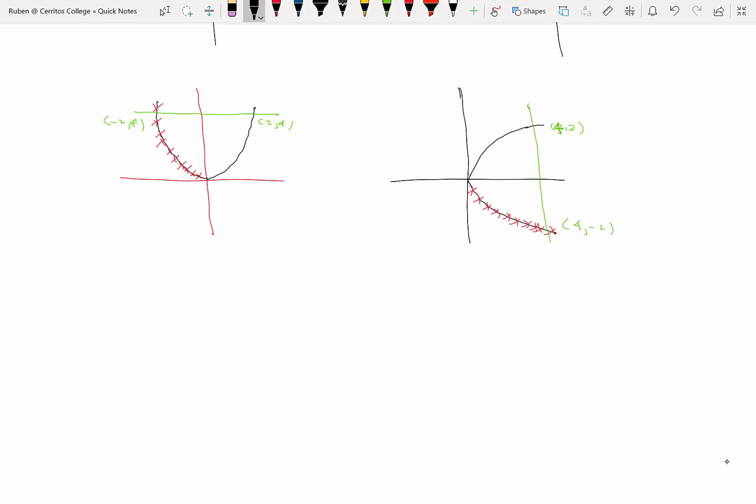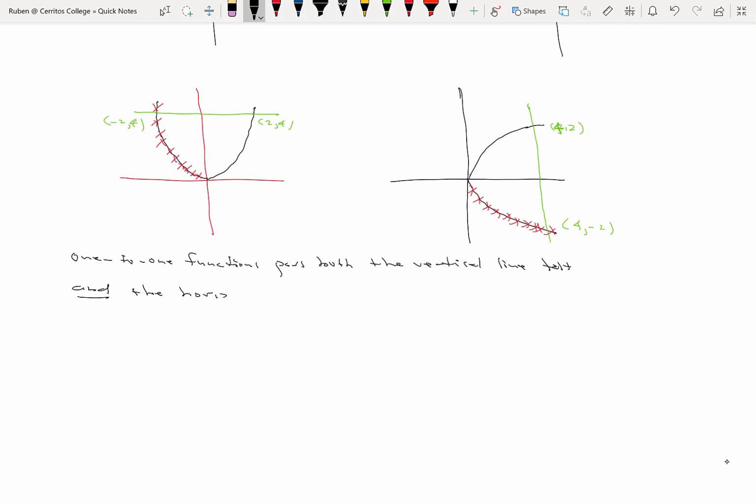I have another way to characterize one-to-one functions in a minute. But one-to-one functions pass both the vertical line test and the horizontal line test.